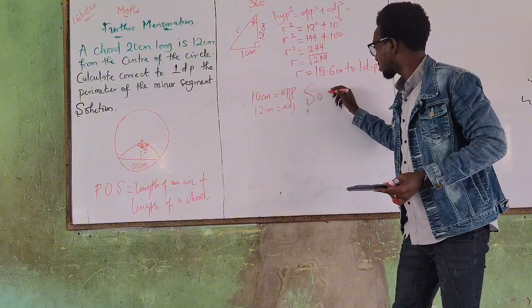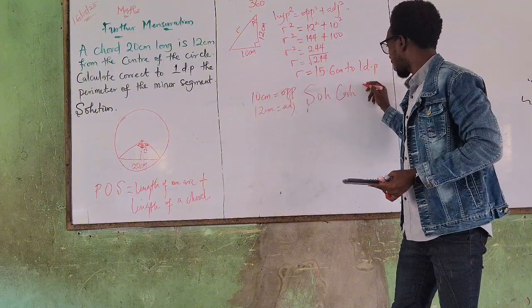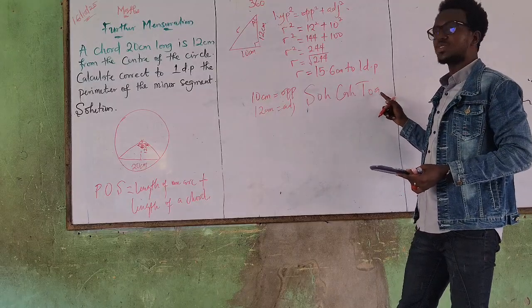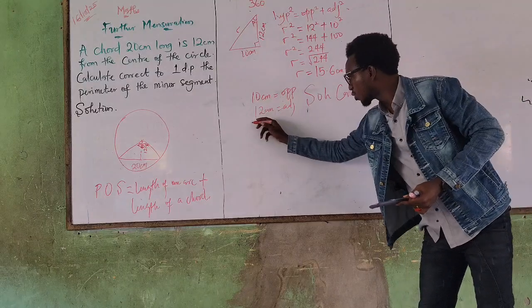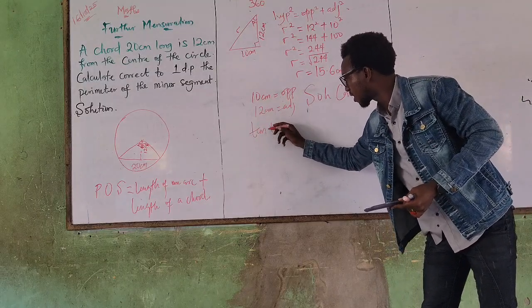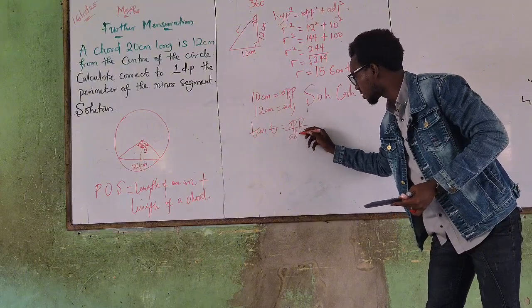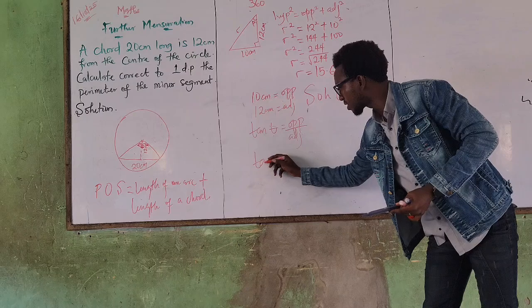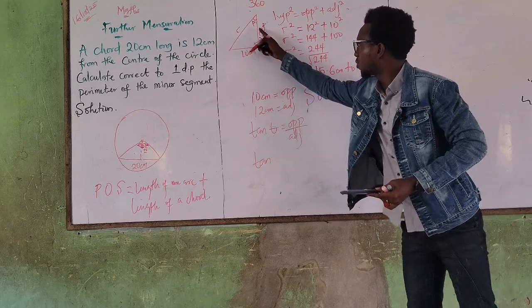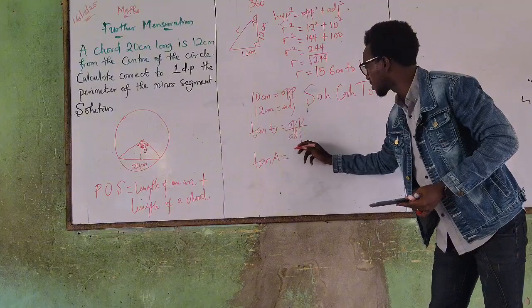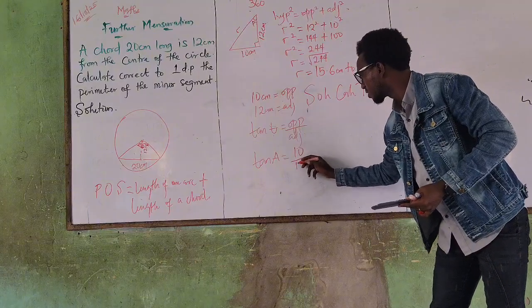Now, under SOHCAHTOA, which one is given to have opposite and adjacent? So if you remember SOHCAHTOA, we see that TOA captures opposite over adjacent. So we can easily say tan theta equals opposite over adjacent. Our given angle here, we've used A. So tan A equals opposite, 10, over 12.